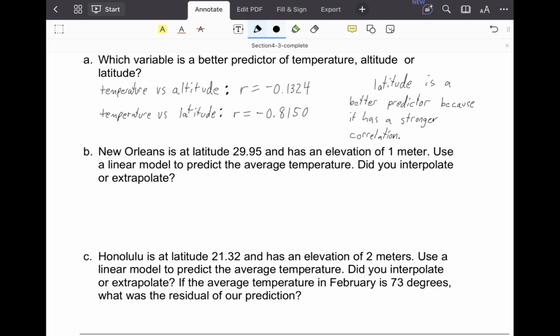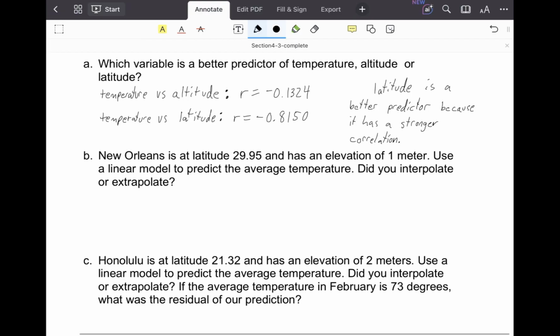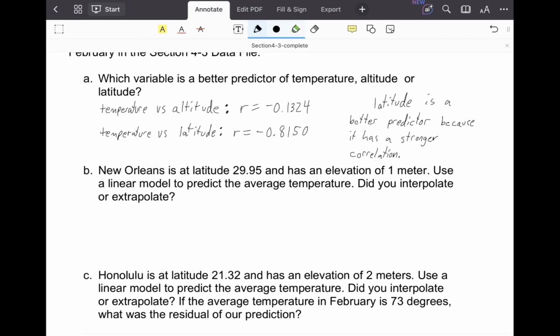Okay, so for part B, it says New Orleans is at a latitude of 29.95, has an elevation of 1 meter. Use a linear model to predict the average temperature. And did we interpolate or did we extrapolate? Now, in part A, we've decided that latitude is a better predictor, so we want to use this one here, the 29.95.